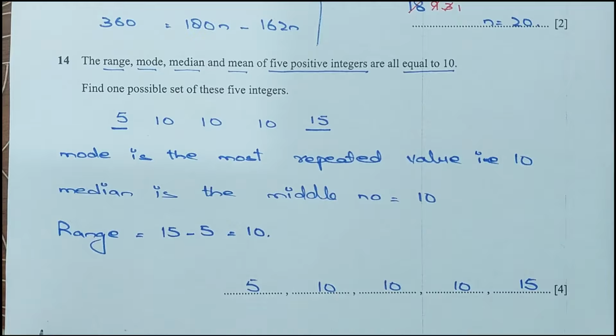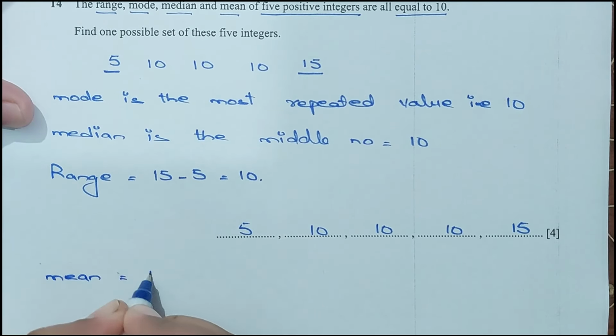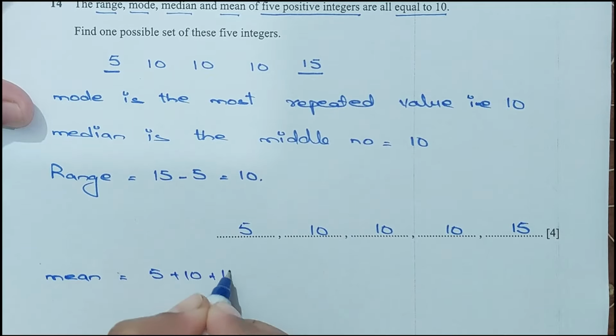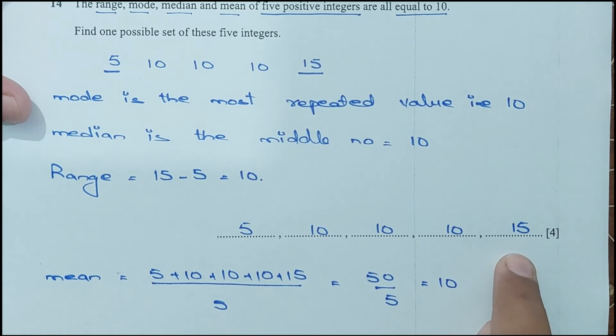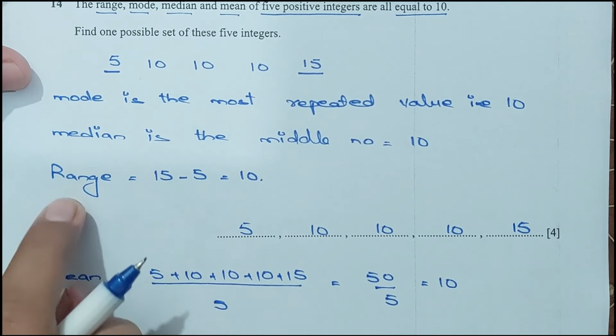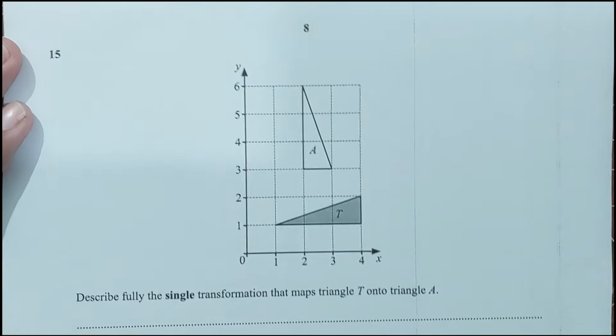And we can say the mean is left. Yes, mean is the sum of all numbers 5, 10, 10, 10, and 15, divided by the total numbers, 5. This is 50 divided by 5, and that is also 10. So this is one possible set of 5 positive integers which satisfy all the conditions that mode, median, range, and mean must be 10. There can be others as well, so you can try others as well, but this is the one possible set.